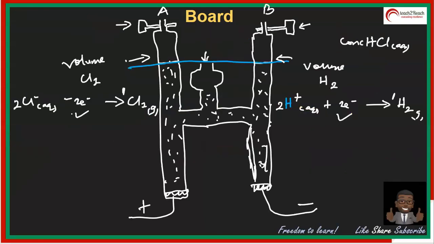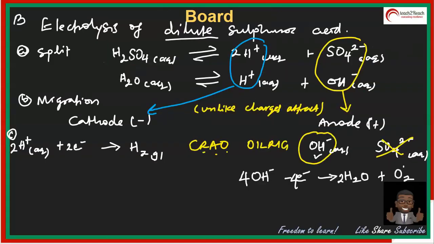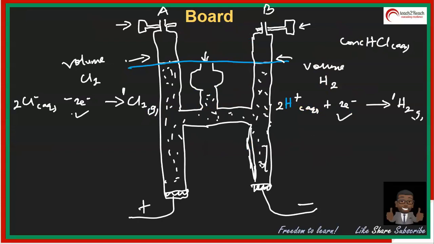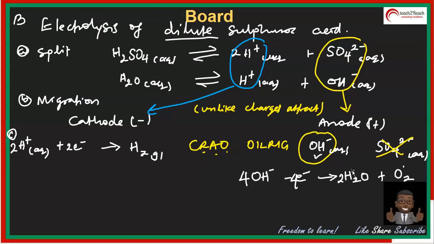Let's now apply the theory of the Hofmann's apparatus that we discussed earlier to this particular equation that we just looked at. Let's ask the same questions we asked at that time, to identify where your cathode is, where your anode is, and so on and so forth.